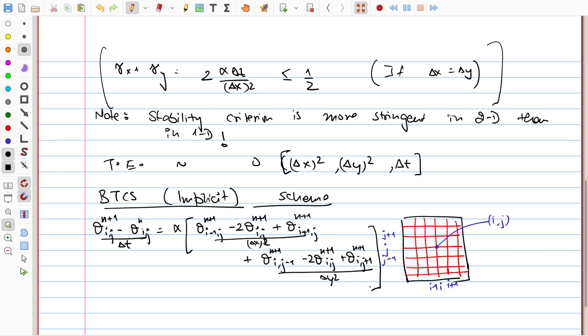This time on the right hand side, all the thetas are at the n plus 1th time.